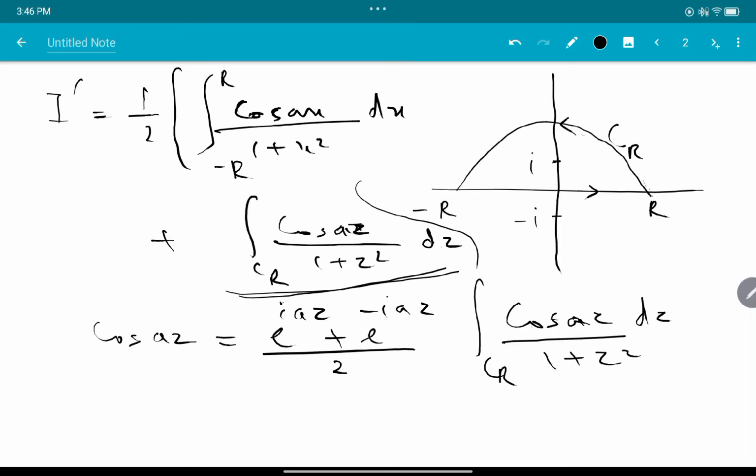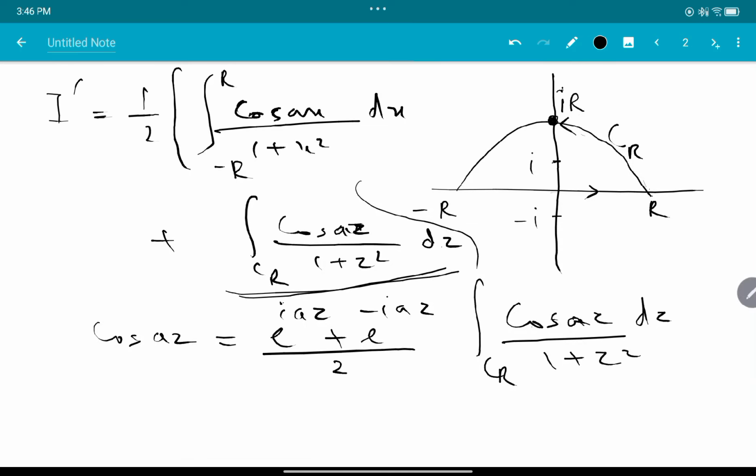Now let us look at this point, say point P, whose coordinates are iR. R is the radius, and since this point is located on the imaginary line, its coordinate is iR.